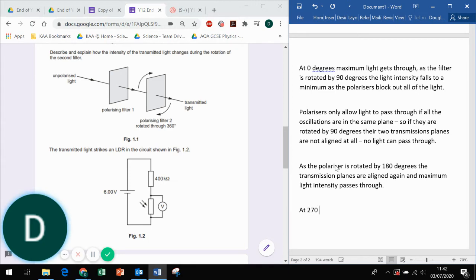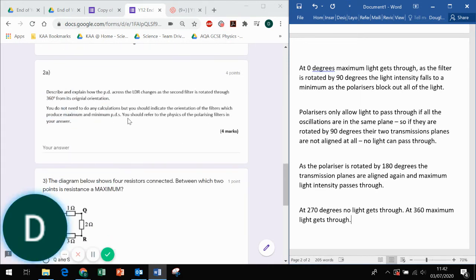At 270 degrees, no light gets through. At 360, maximum light. Most people summarize this a bit shorter, but that's the basic idea. Every 90 degrees, you go from maximum, minimum, maximum, minimum. And then there was one more thing, wasn't there?